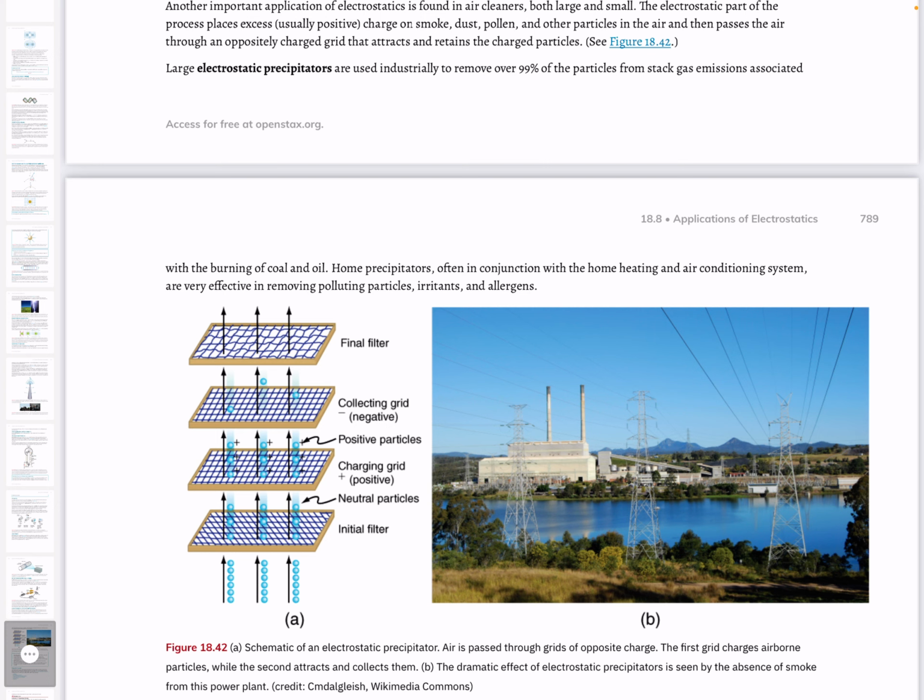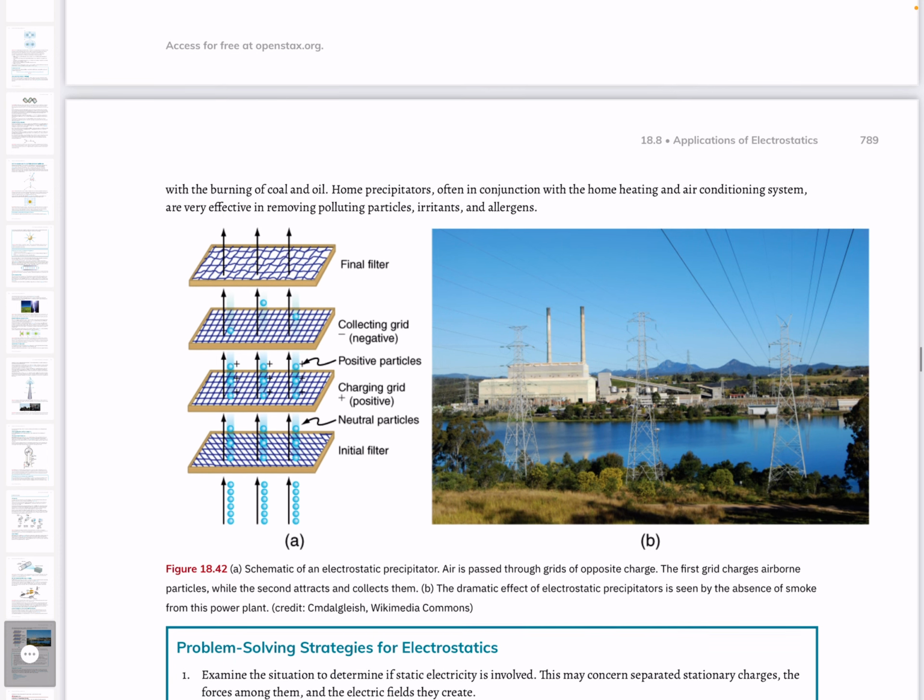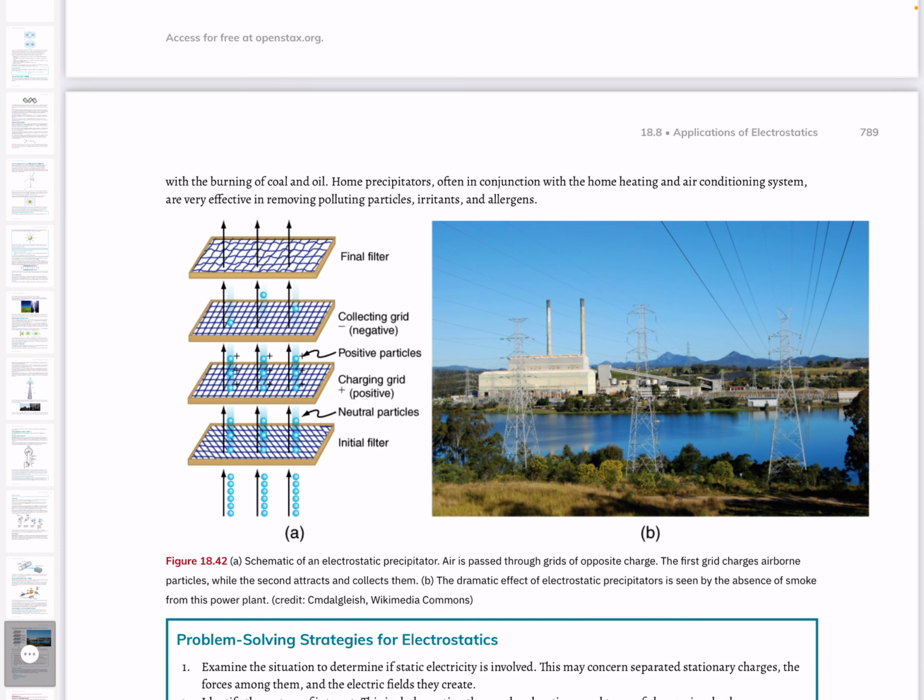So a lot of plants are now CO2 plants. Natural gas plants versus coal, which is good. It's not great, but slightly better.